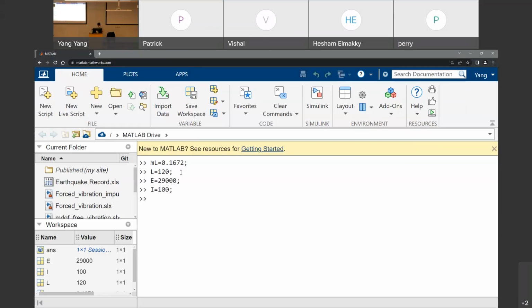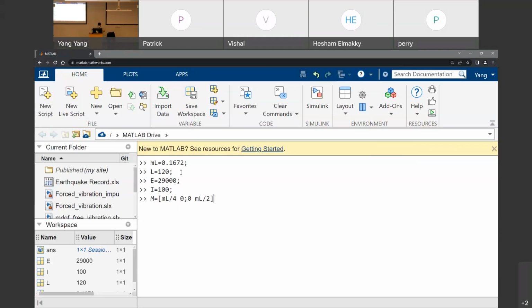And now we formulate the mass matrix here. We call the mass matrix M, with mL over 4, 0, 0, mL over 2.